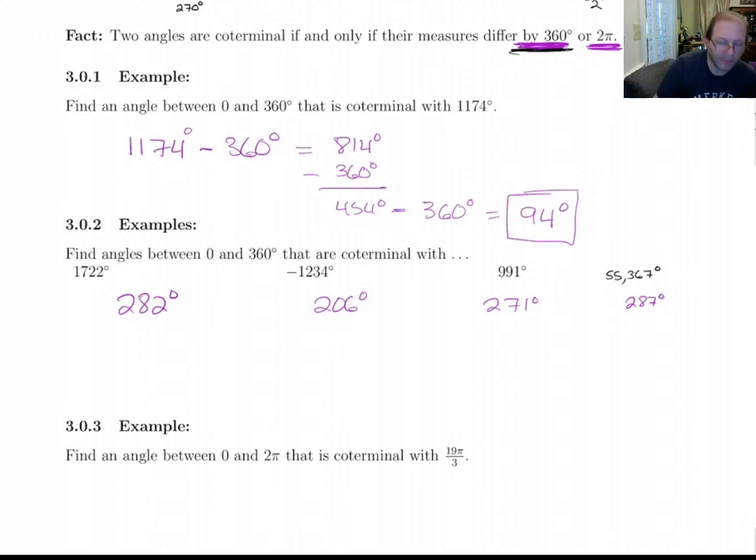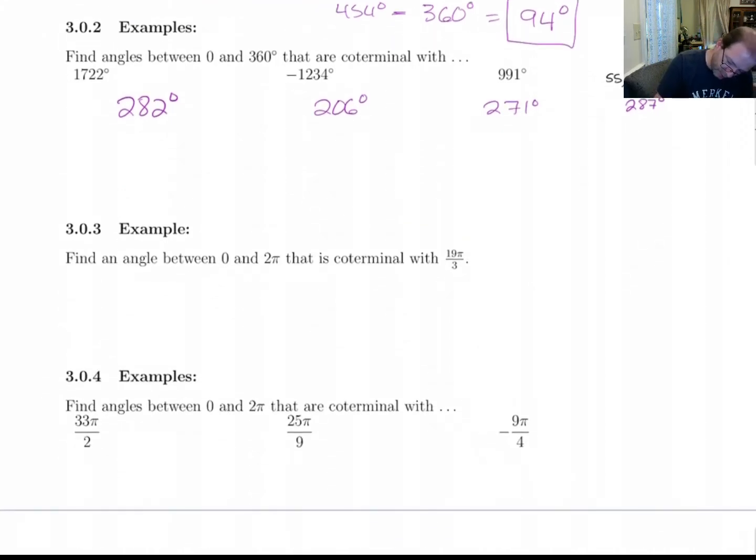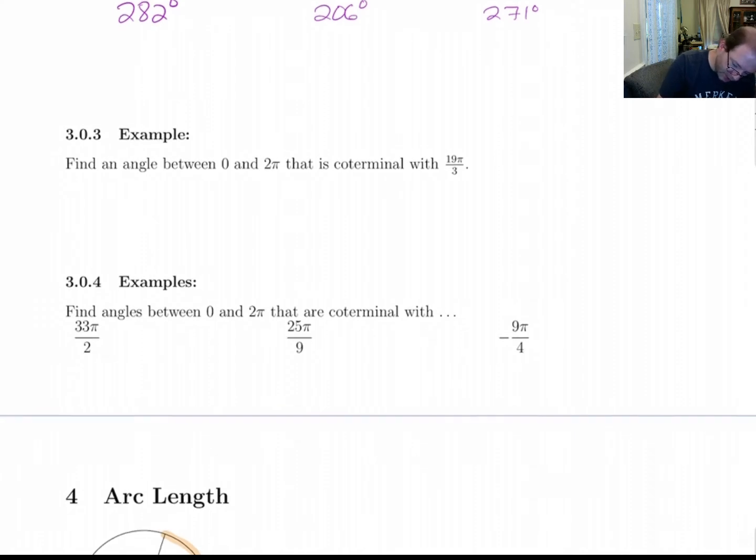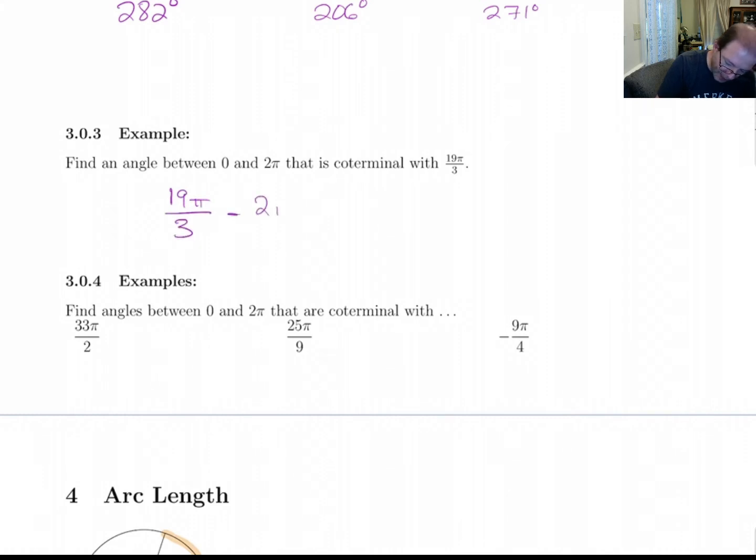All right. Now, doing this with angles between 0 and 2 pi, dealing with radians, you can do the same sort of thing. 19 pi over 3 minus 2 pi. Now, some calculators, like I've got a Casio, will do this with the pi on there. But here's what I would do. 19 over 3, I'm going to put that in my calculator just as a fraction. Notice I'm putting in 19 over 3. I'm not putting the pi in there.